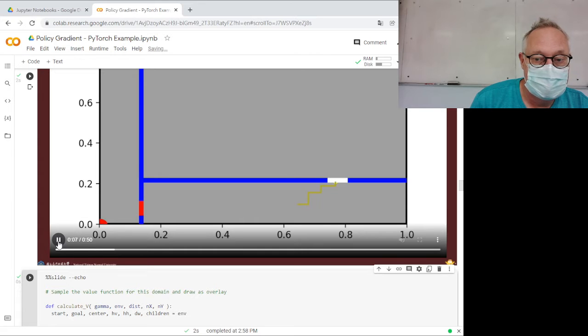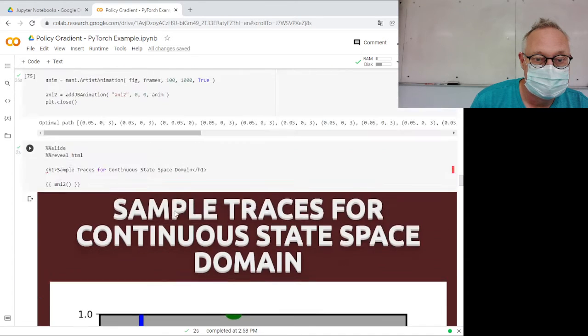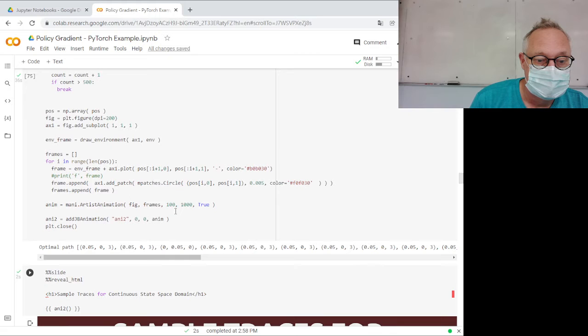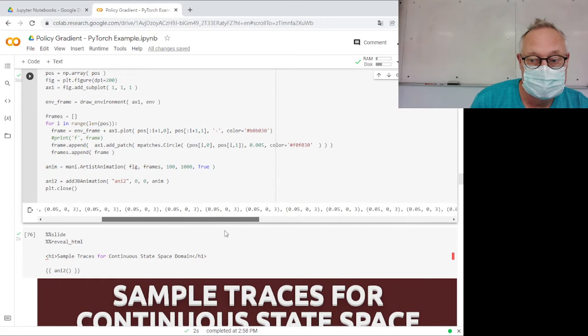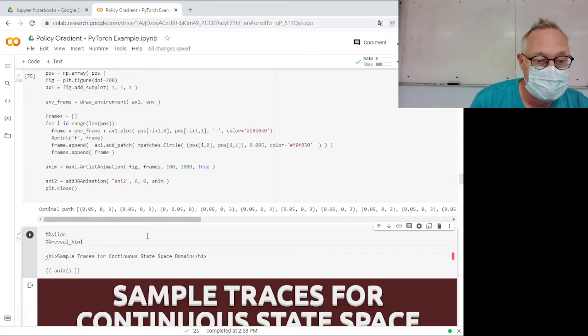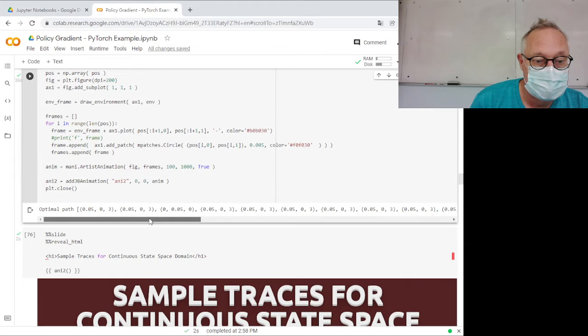Cannot go through this door anymore because I think it's stuck with the padding. But it finds the optimal path. That's weird.